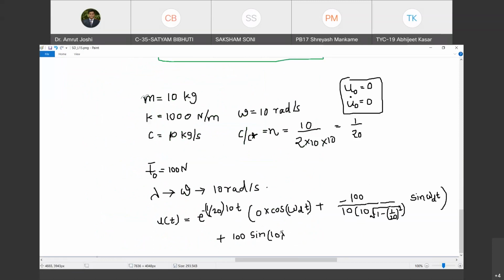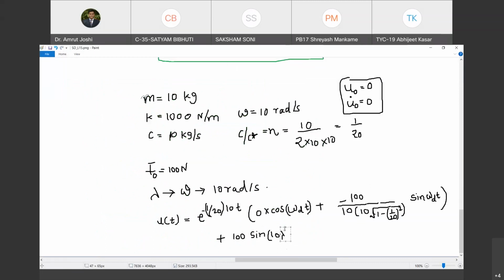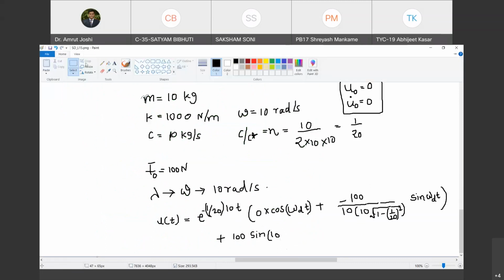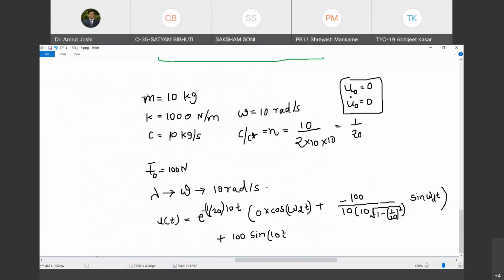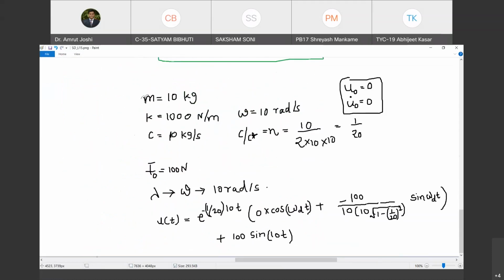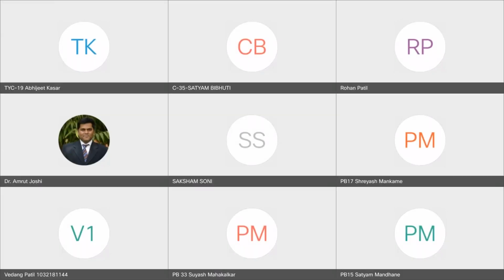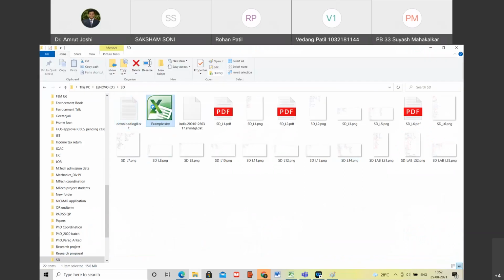So sin lambda t is nothing but sin 10t, upon C lambda. So what is the value of C? C is 10, lambda is also 10. So this is the response. So let us plot it. Let me start sharing the screen so that you will see, in the same example sheet.